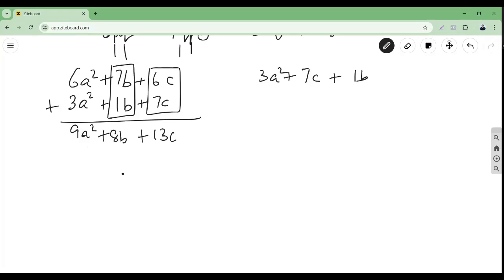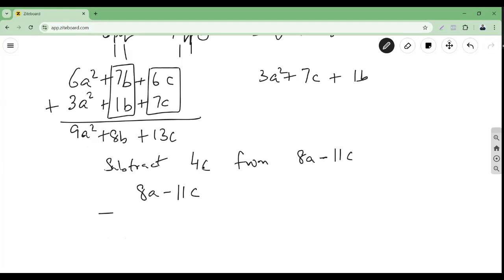Similarly, how to subtract also. Let's say I'm going to ask you to subtract 4c from 8a minus 11c. From means I know I have to write 8a minus 11c on the top, right?